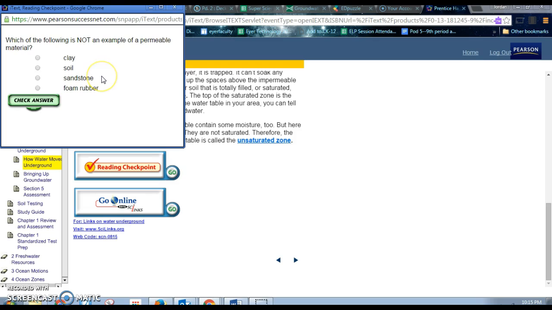Okay, so which one is not an example of permeable? I'm going to click clay and see what happens. That check mark is correct, meaning water cannot go through clay, and it will flow through soil, sandstone, and foam rubber. So this is a good example of impermeable or not permeable material.